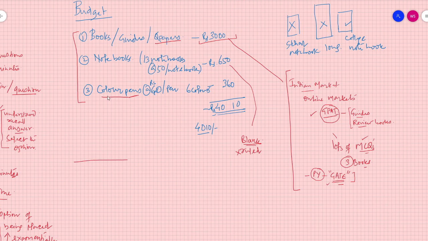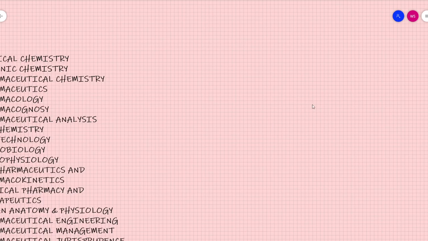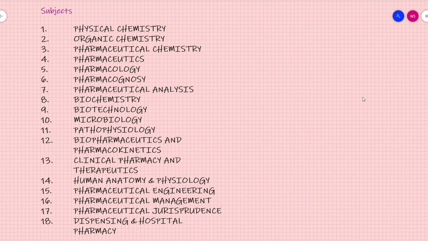All right, so now let's put these things in context. We have asked ourselves to buy 13 notebooks. So why do we need 13 notebooks? The reason is that in the GPAT syllabus, 18 subjects are listed.